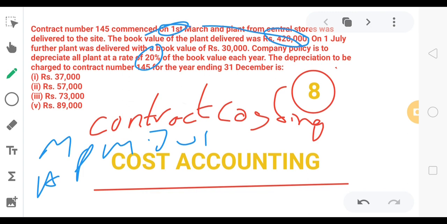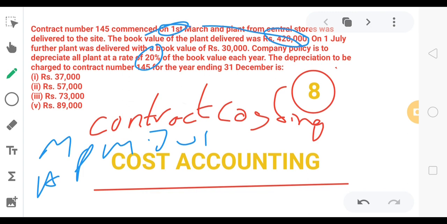So hopefully it is clear. Once again, I repeat the problem. Contract number 145 commenced on 1st March, and plant from Central Stores was delivered to the site. The book value of the plant was 4,20,000.